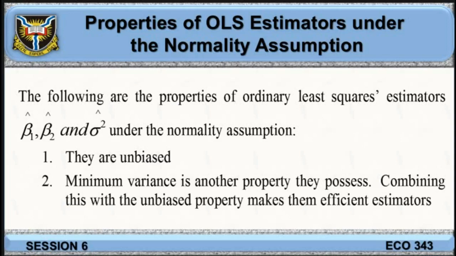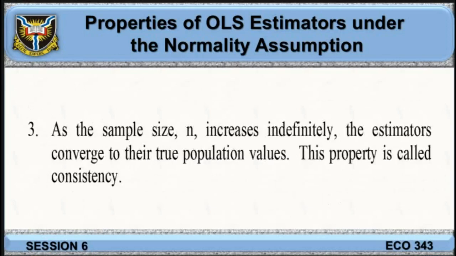Minimum variance is another property they possess. Combining this with the unbiased property makes them efficient estimators. 3. As the sample size n increases indefinitely, the estimators converge to their true population values. This property is called consistency.